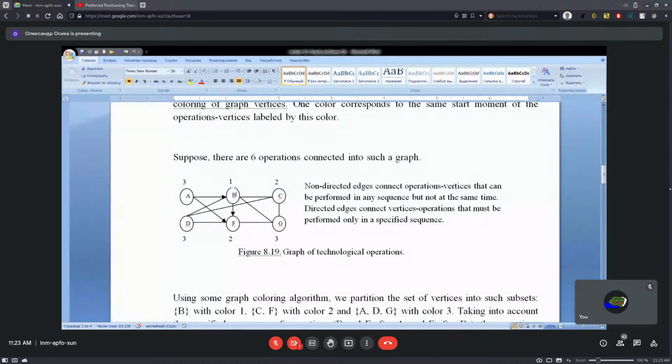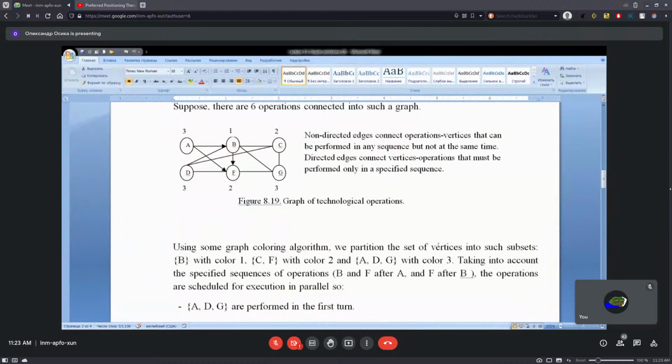Here a vertex of a graph is an operation. There is an edge between two vertices if they cannot be performed simultaneously. And after that, for example, here, it is possible to divide into three groups. This group, just vertex B, one vertex, color 1.